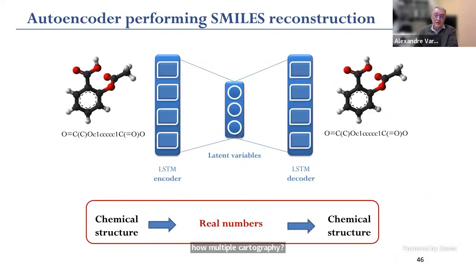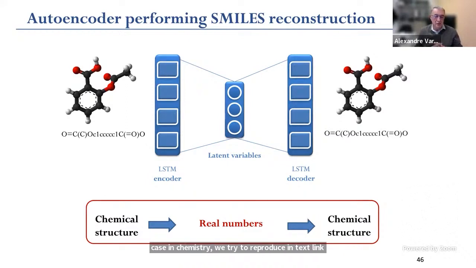One of the simplest ways to generate molecules is the application of a deep learning architecture called the autoencoder. In an autoencoder, the goal is to reproduce the object itself. So in chemistry, we try to reproduce the text string, SMILES, which encodes a chemical structure.